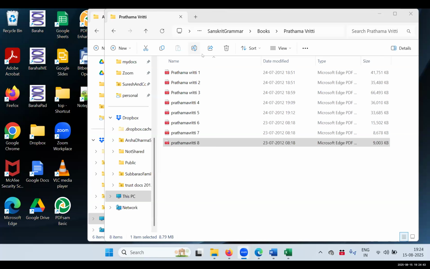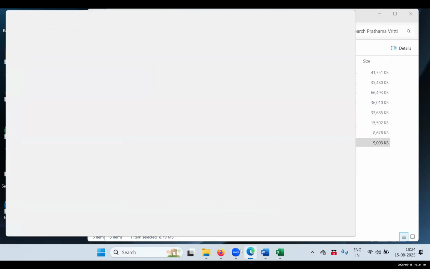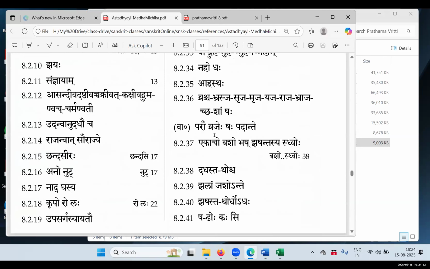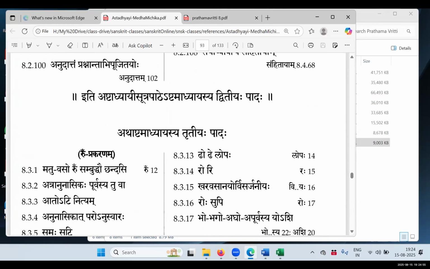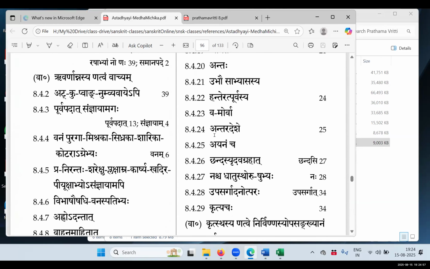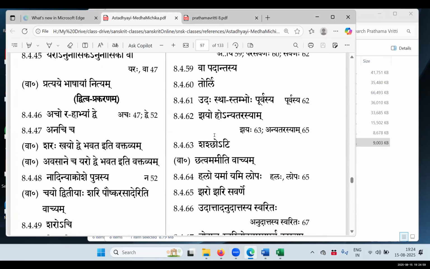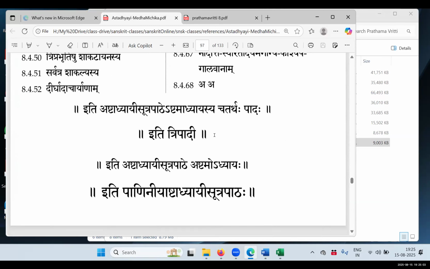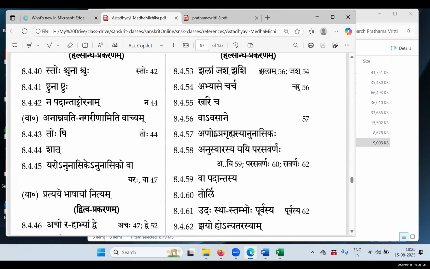All right. So now let's first look at this. This is your Ashtadhyayi. What we have looked at today is at the end of 8.4. So what have we seen so far? We've seen Jalam Jash Jashi, right?